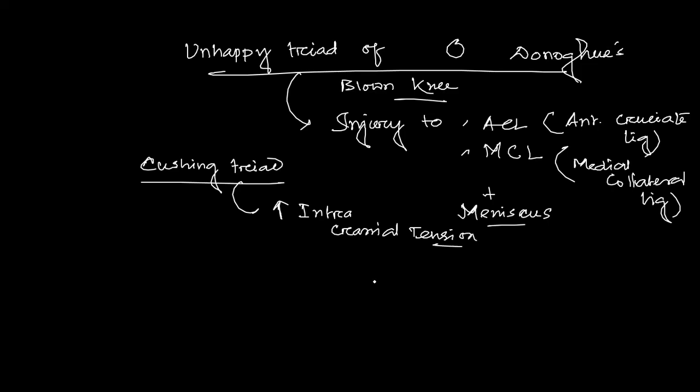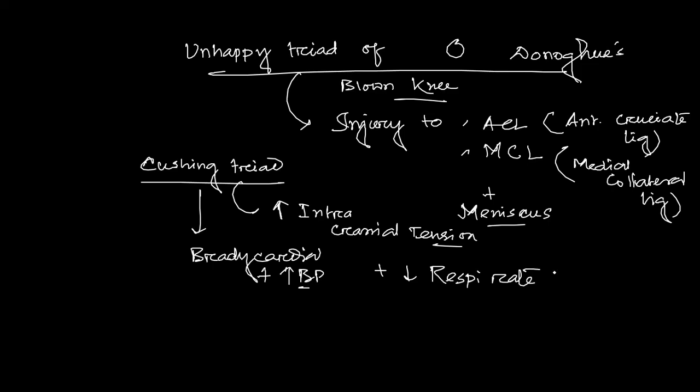There will be bradycardia, patient is having increased BP, and patient is having decrease in respiratory rate. So patient will have bradycardia, bradypnea, and hypertension. That consists Cushing triad. Important.